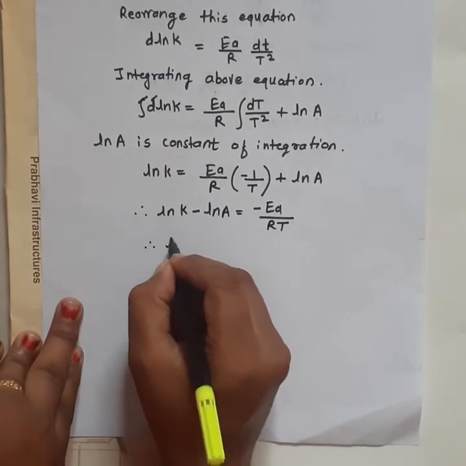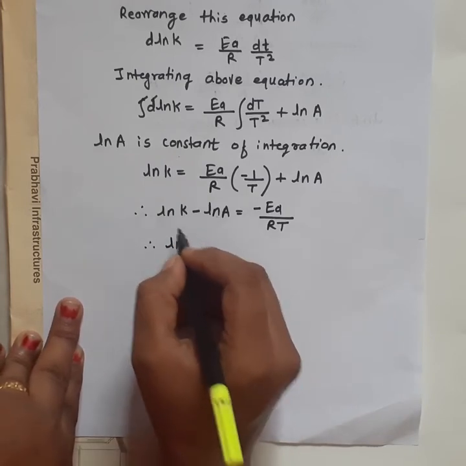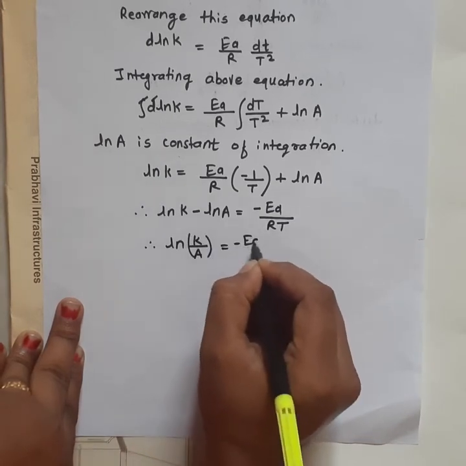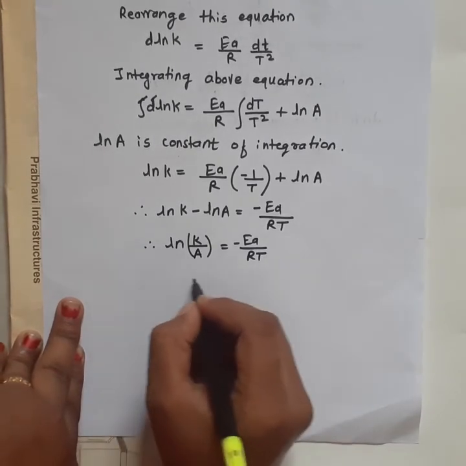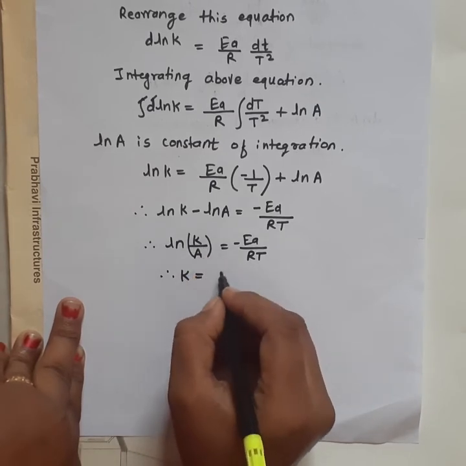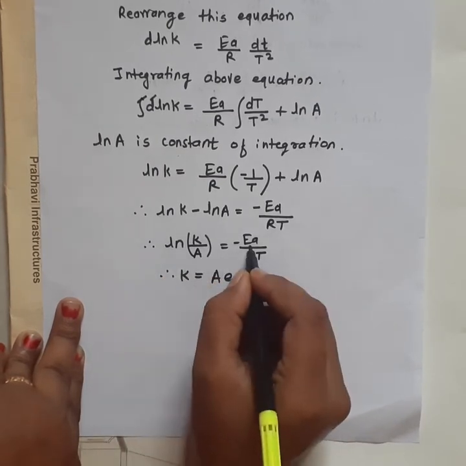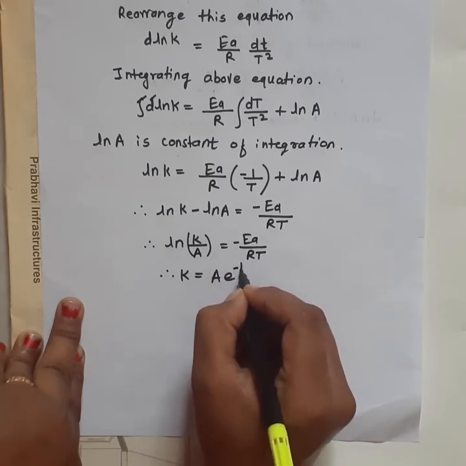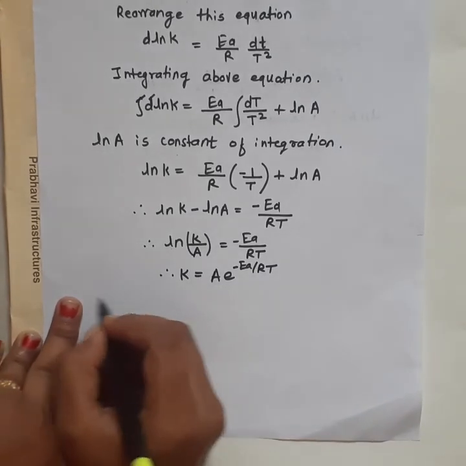Therefore, according to the rules of logarithm, ln A minus ln B is ln of A upon B, so ln of k upon A is equal to minus Ea upon RT. Therefore k is equal to A into e raised to minus Ea upon RT, since the ln is shifted and converted into e.